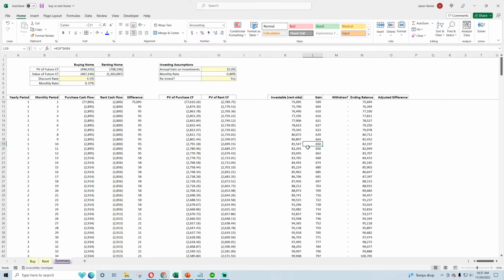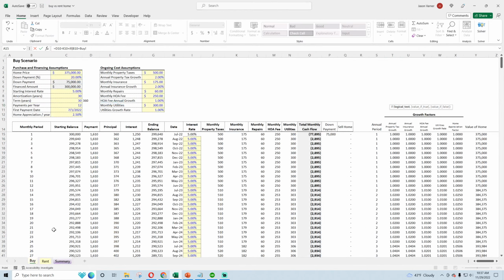Your new cash flow, adjusted rent cash flow, would be this amount because you're renting, minus the invested amount, plus, we want the ending balance if this monthly period equals our end period.